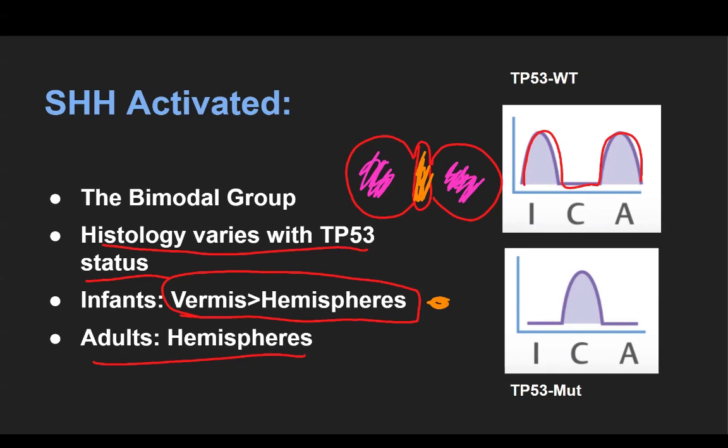So if this was a cerebellum, the infantile variant favors the vermis, whereas the adult variant favors the hemisphere. Are we clear till this? I'm going slightly quicker because we have already covered this in the previous session, and I have yet to upload the recording of that one.